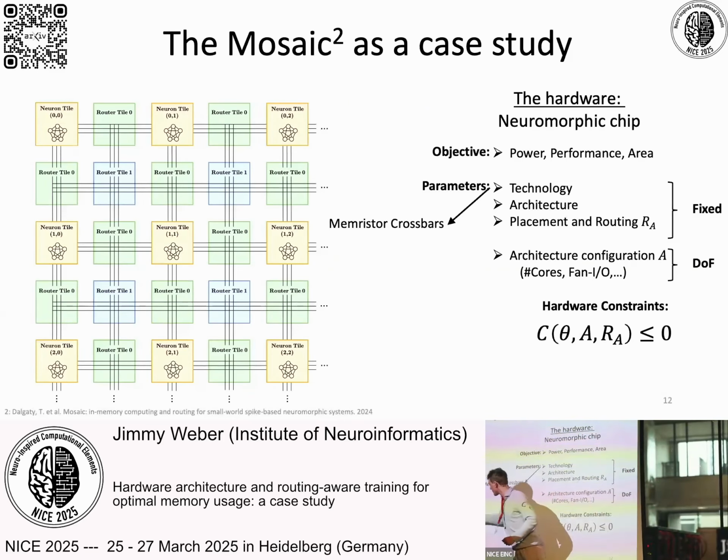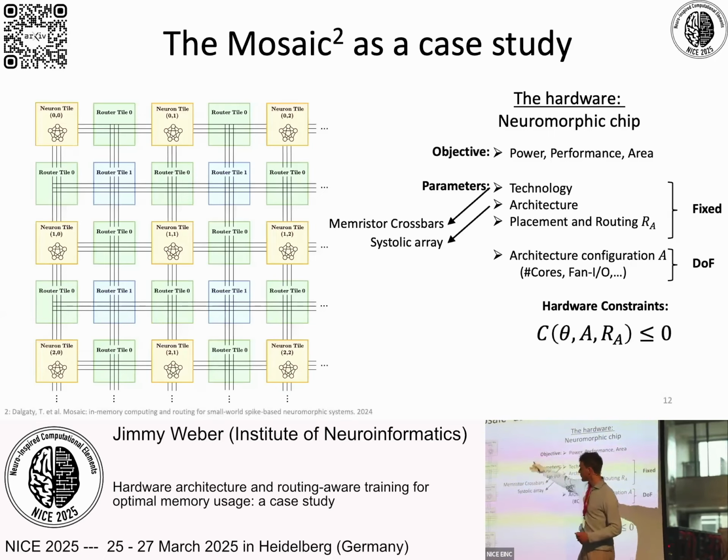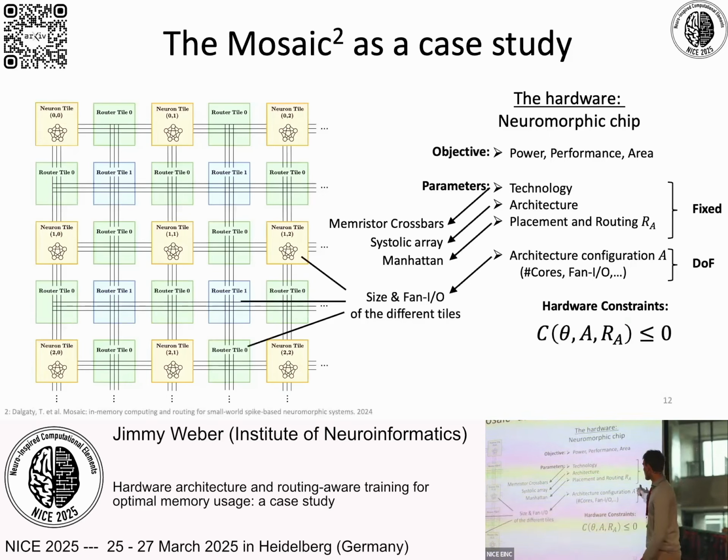Each of those is a memristor crossbar, which forms a systolic array that you can see here. The routing scheme is Manhattan, which I'm going to describe on the next slide. And the configuration that we need to define is the size of those different crossbars and the fan-in, fan-out of each of those.